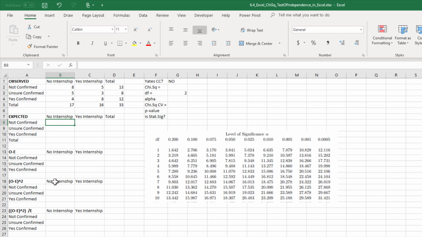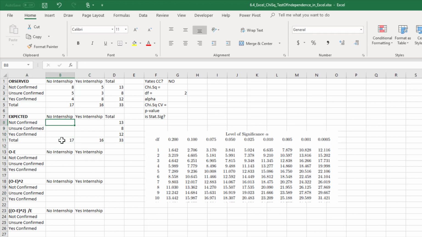So let's start with our process here. This is a little bit more work to find the expected values than we did in the goodness of fit, and we need to make our lives a little easier. I am going to copy and paste my totals into the expected area. There we go.